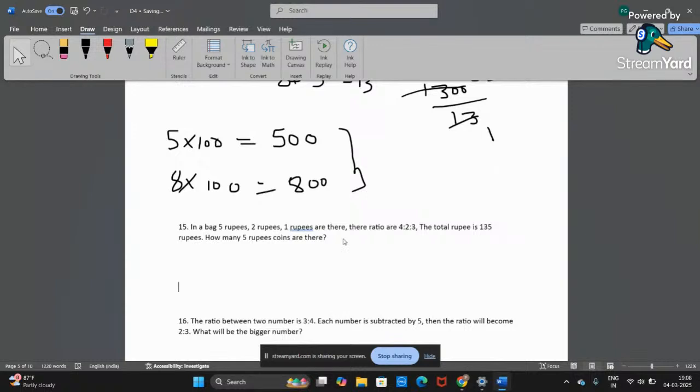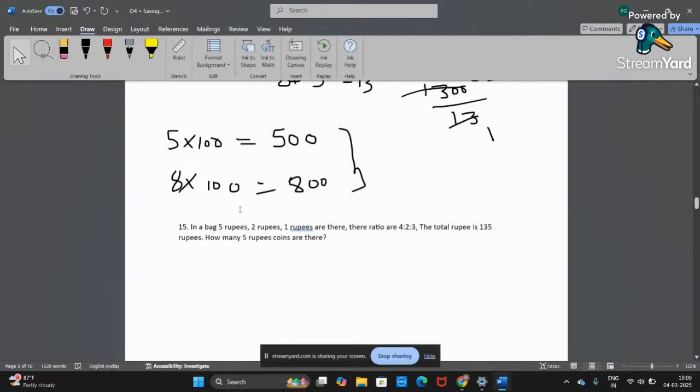Try to solve this. In a bag, 5 rupees, 2 rupees, and 1 rupee coins are there. The ratio is 4 is to 2 is to 3. The total is 135 rupees. How many 5 rupee coins are there?